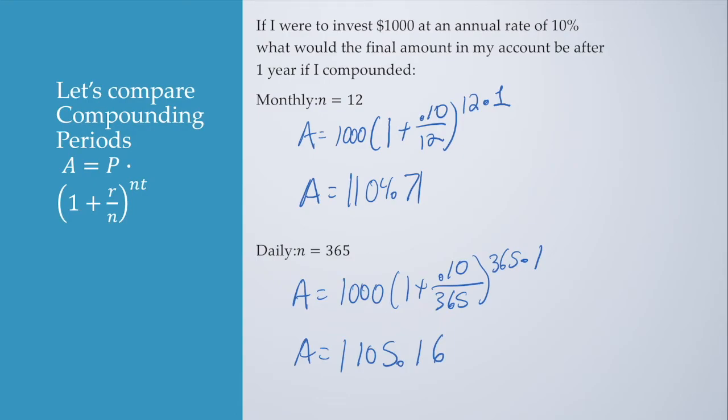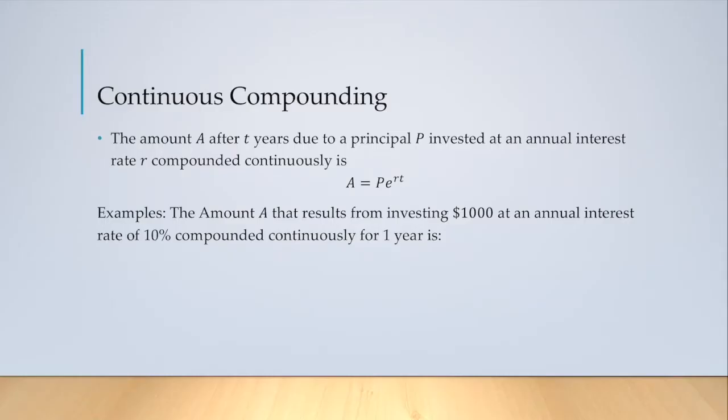Other than compounding a fixed number of times a year, we can also talk about continuous compounding, and this uses the handy dandy E we talked about in previous chapters. The amount A after T years due to principal P invested at an annual interest rate of R that's continuously compounded is A equals P e to the RT.